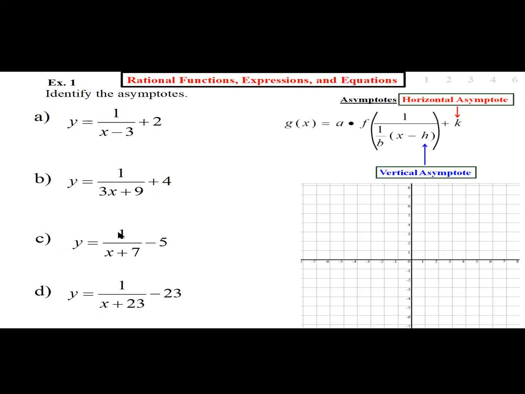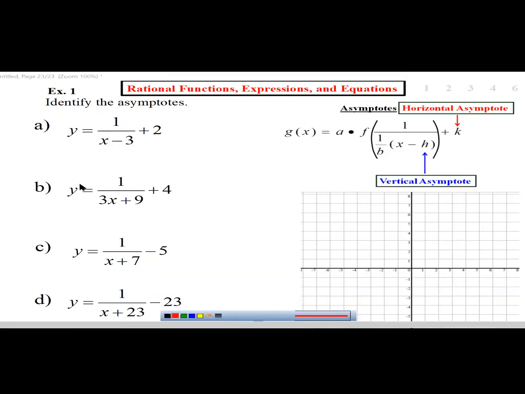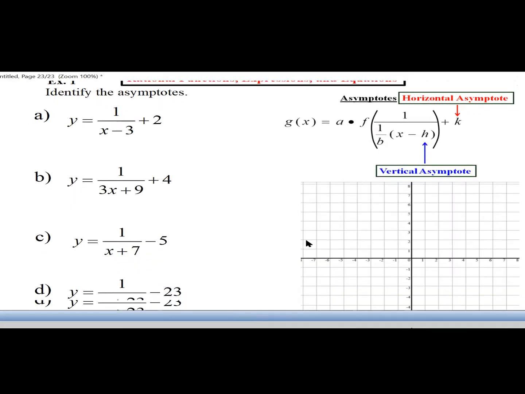Part C is y equals 1 over x plus 7, and then at the end minus 5. And D is y equals 1 over x plus 23, and at the end minus 23. All right, I want you to find me the vertical and horizontal asymptote of all these, and just graph the asymptotes for A, B, and C. I'll give you some time for that. Copy and go.